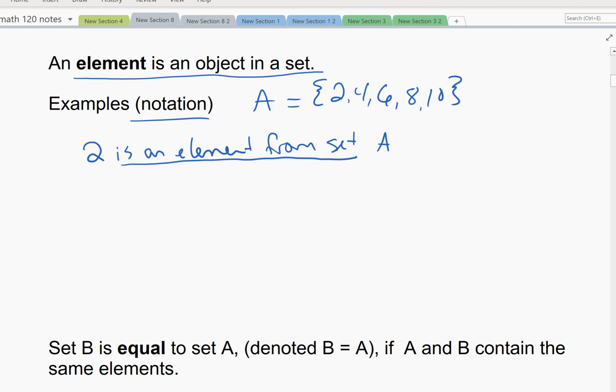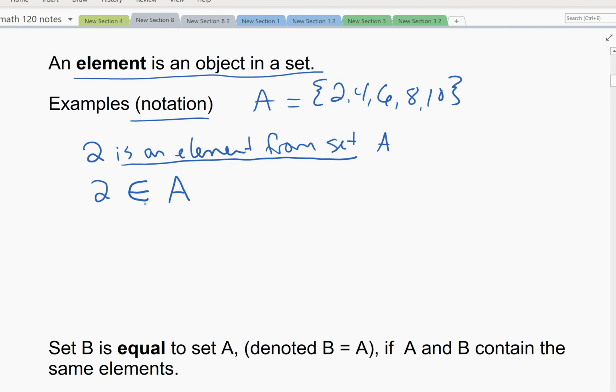And so what we do in mathematics, we shorthand. Instead of writing this phrase out, 2 is an element of set A or 8 is an element of set A, we've got this notation. It kind of looks like a backwards E, and you'll have to bear with my handwriting on my tablet here. That symbol stands for element of set A. So it says the exact same thing, just using math symbols.